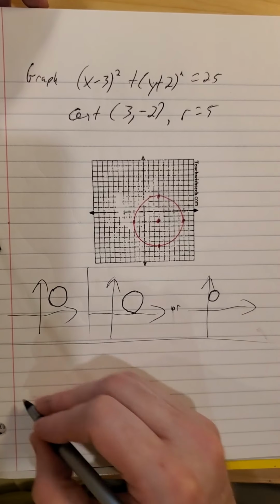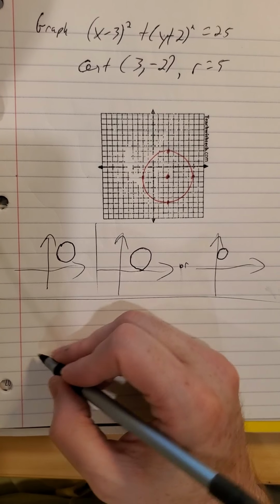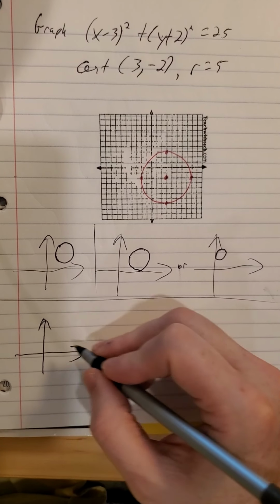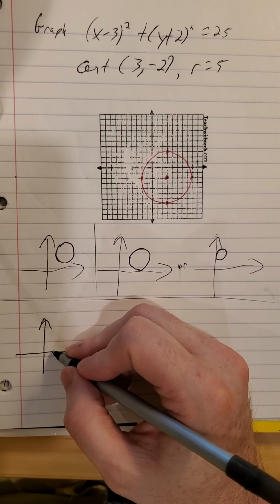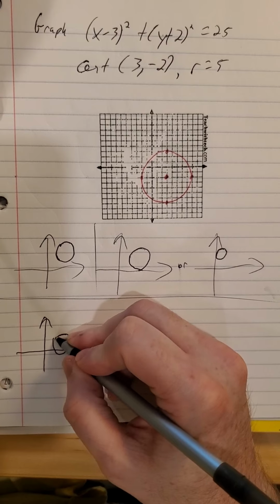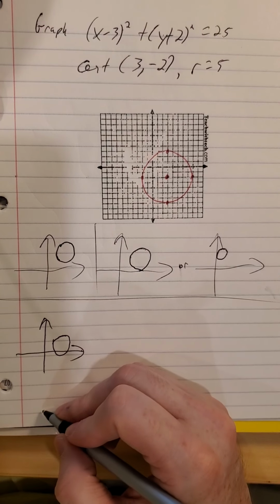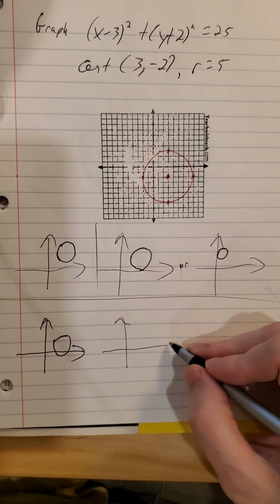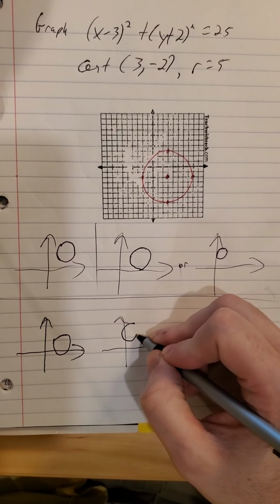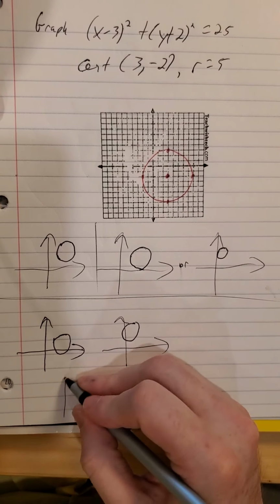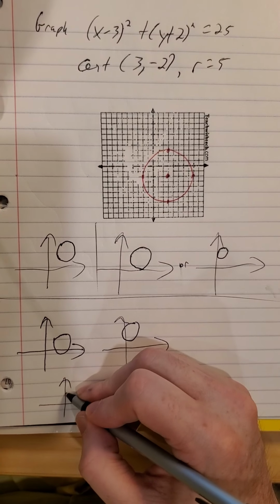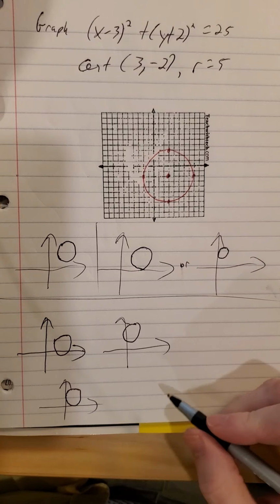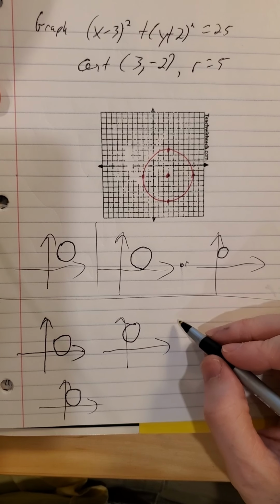There's a few different ways to have 2 intercepts. Sort of a common one would be that. Could have that on the y-axis as well. Or we could just touch each of the axes.